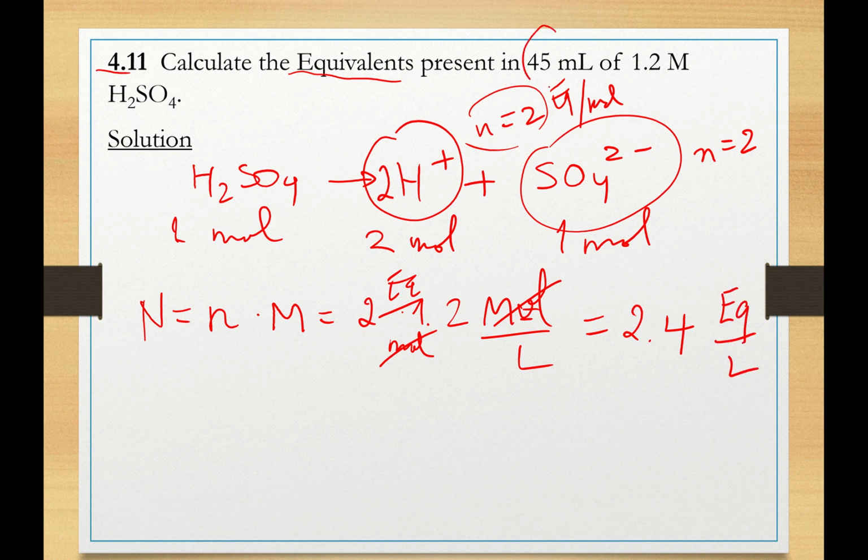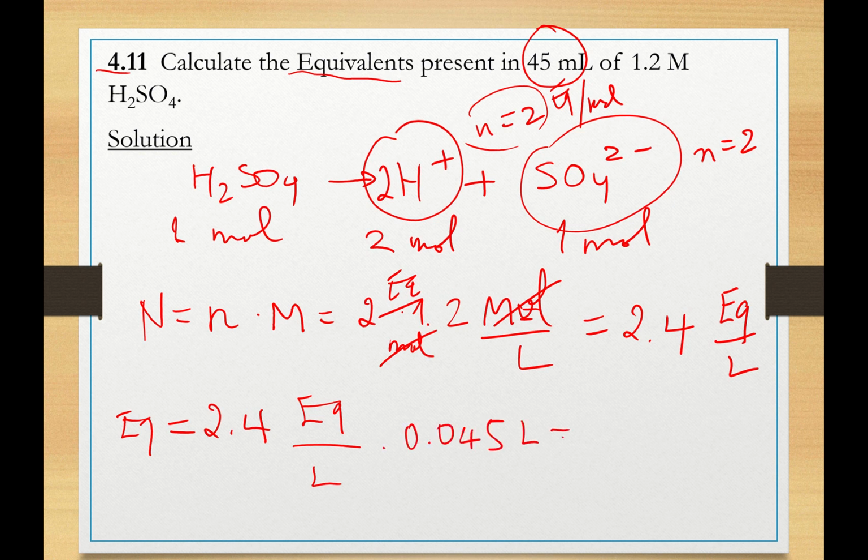So now we need to multiply by the volume. So the equivalents is equal to 2.4 equivalents per liter times 0.045 liters.